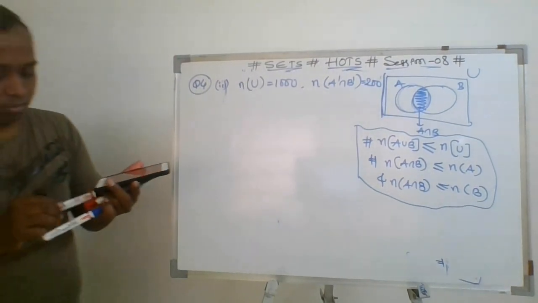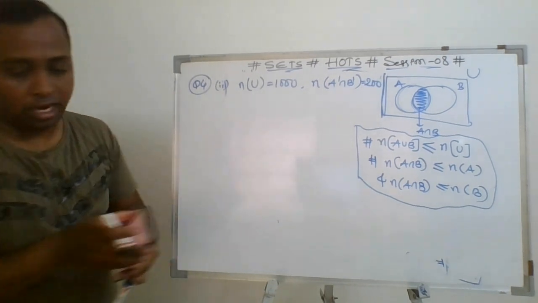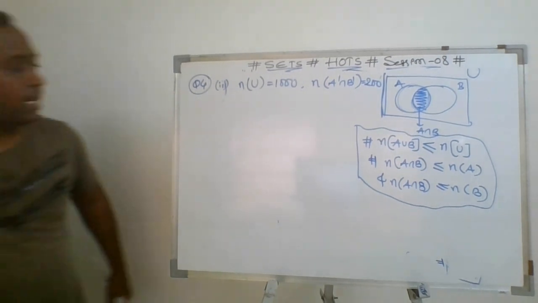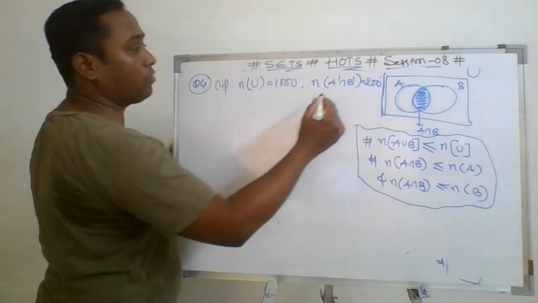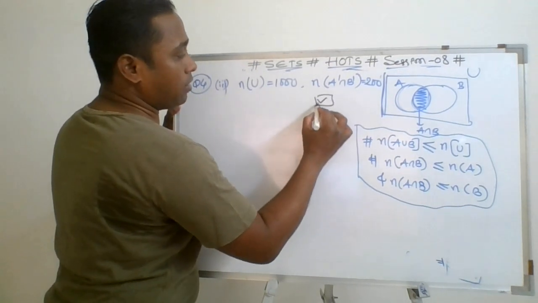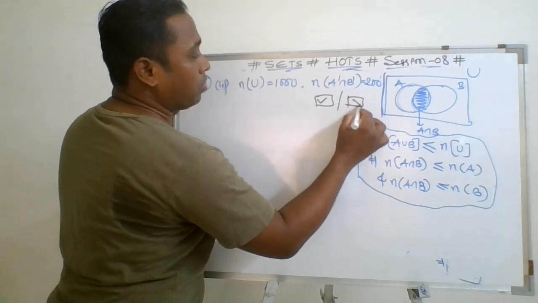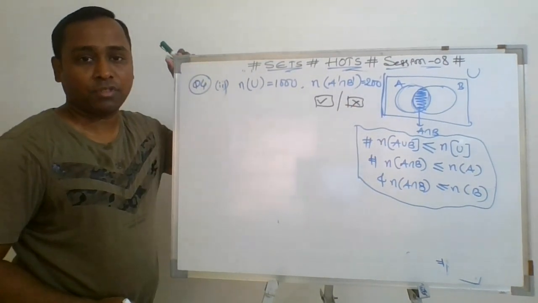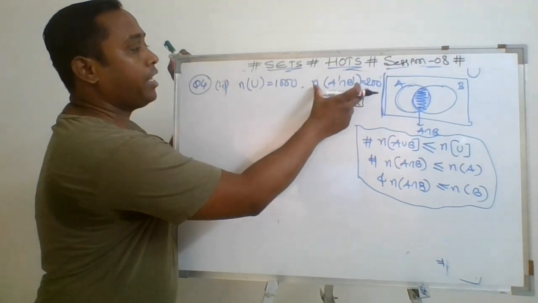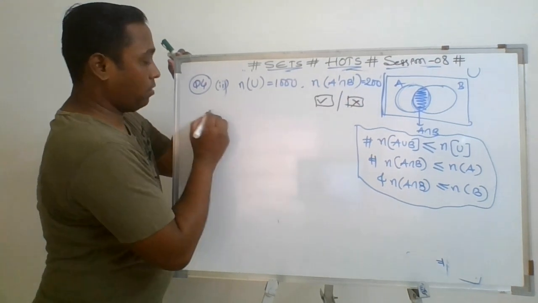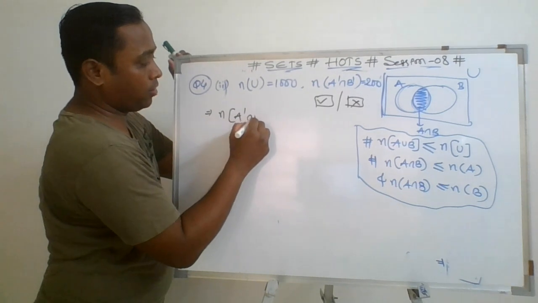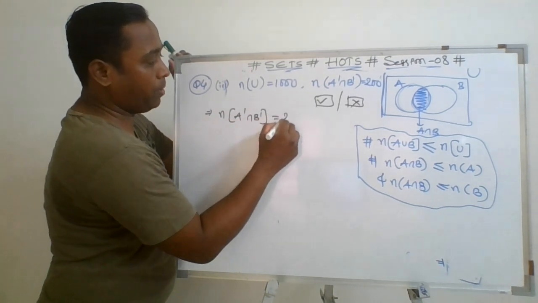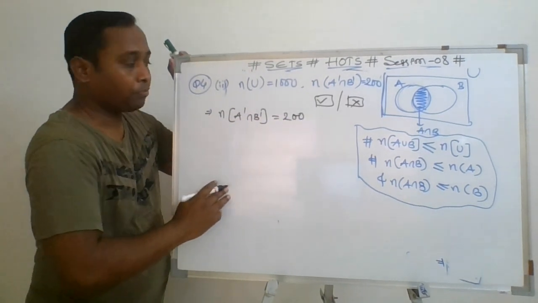Now just see what I am going to calculate and how I can interpret whether this data is correct or not. You just need to decide whether the given information is right or wrong. For that I need to take the number of A dash intersection B dash, which is equal to 200, given.